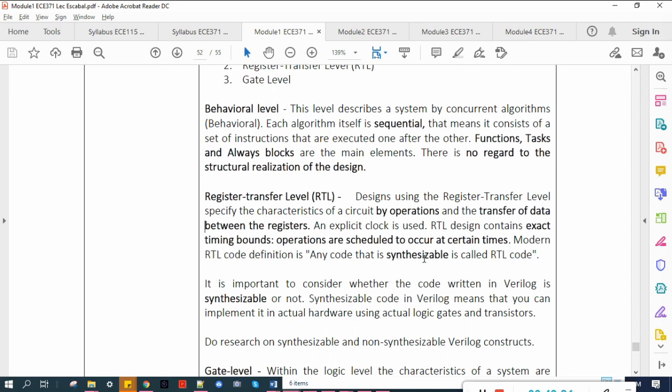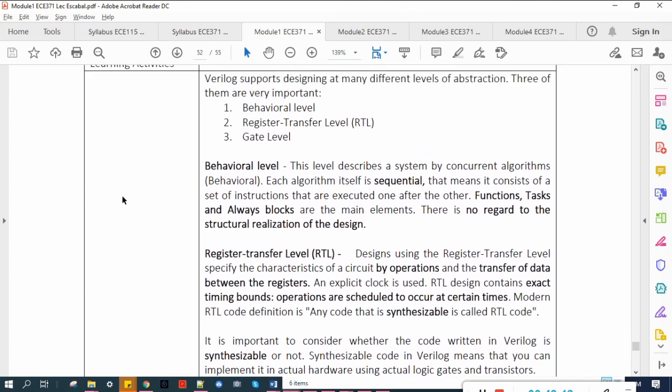Presently, RTL code now denotes or refers to any code that is synthesizable, because sometimes we get confused with whether we should call our code or design RTL code even if it has behavioral codes in it, because digital designers that use RTL are using both the behavioral level and the RTL level.